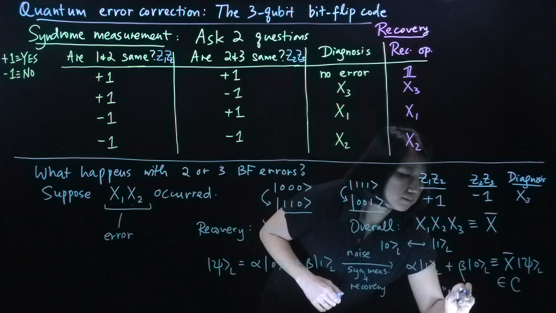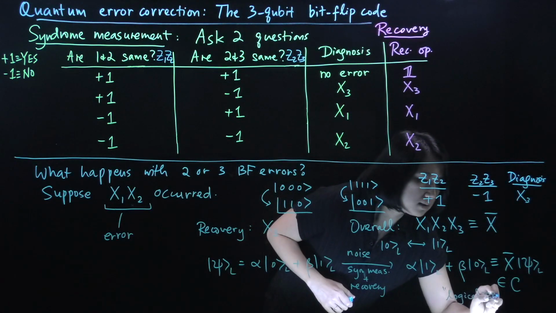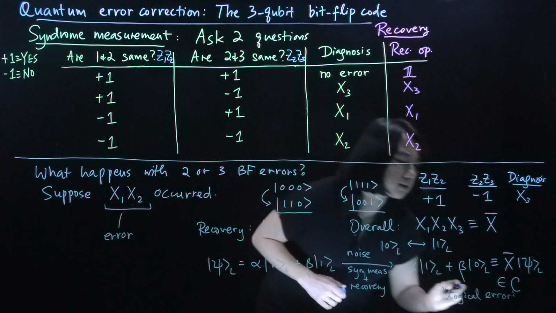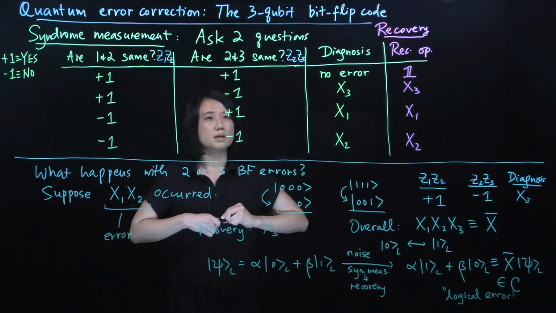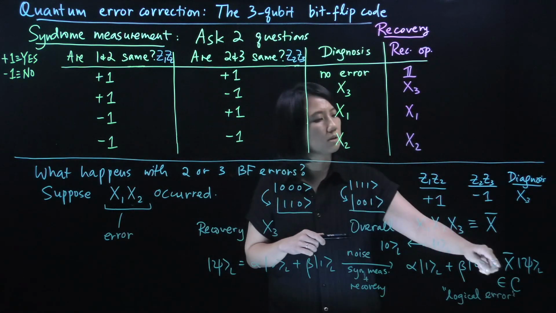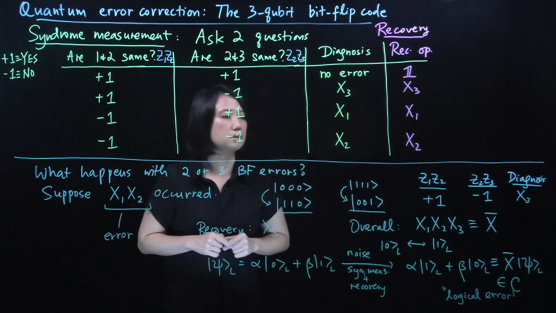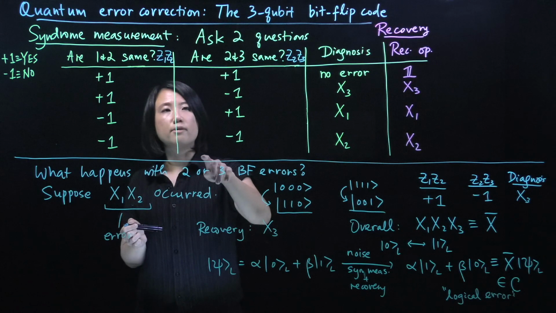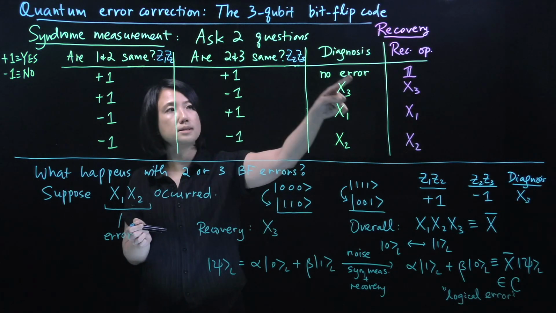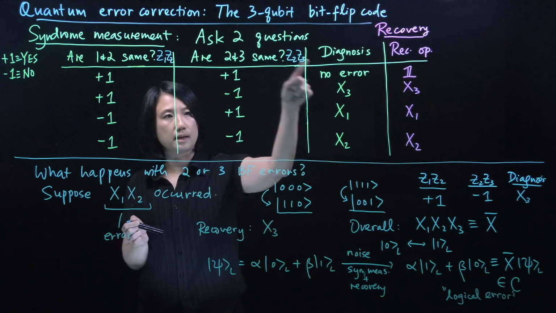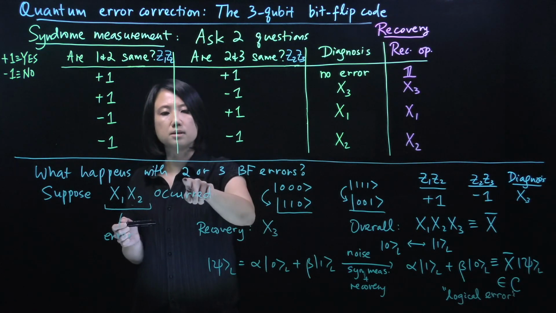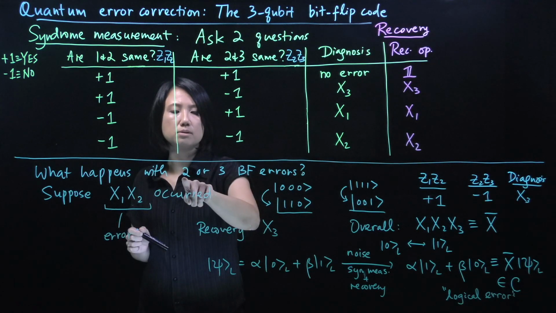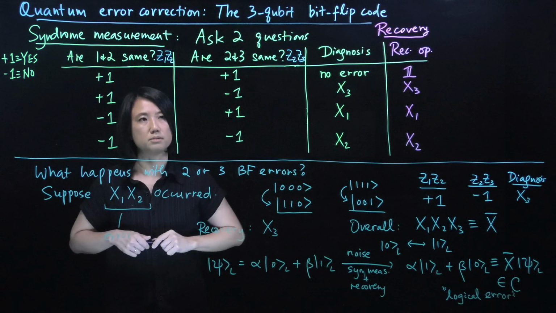This just simply means that you did not get back the original logical state that you started with. Instead, there's a non-trivial logical operator having been applied to this psi L state. This happens as long as you have more than the number of errors that you had assumed when drawing out this table. You will have this situation in this particular case for the cases where you have 2 or 3 bit flip errors.